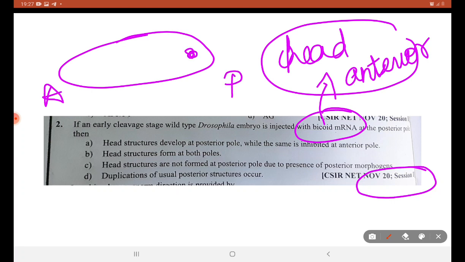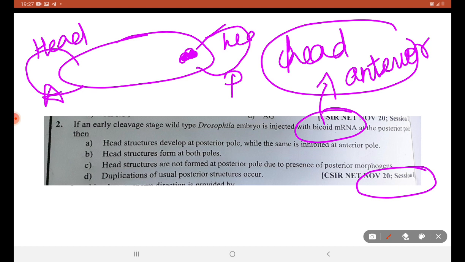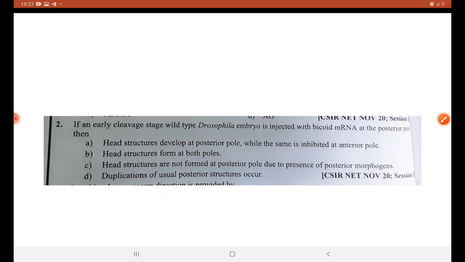If bicoid is injected at the posterior pole, then head will develop here, and in the normal case, head will also develop here. Head and head, so the resultant will be head from two ends. So the answer is B, head from both the poles.